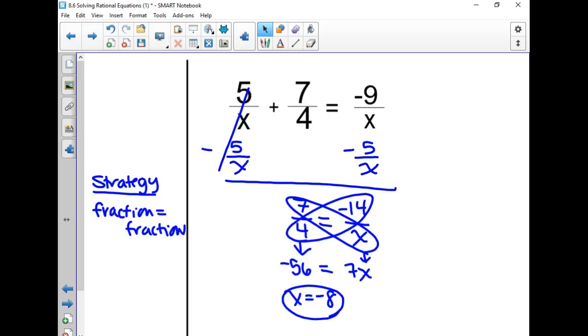Questions? So the first strategy there: try to get it to be a fraction equals a fraction if it isn't already. And how do I know to do that? If you see the common denominator in the fraction. Did you guys all see that? If you see the common denominator in the fraction, that's kind of your helpful hint.